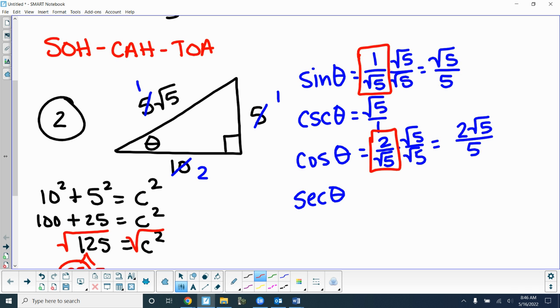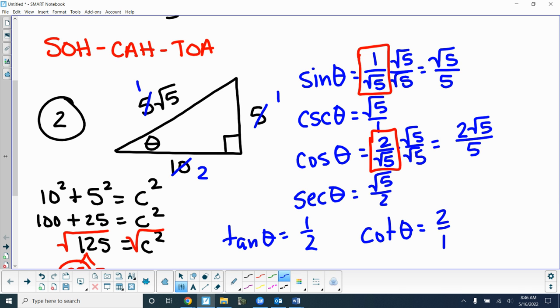And I'm going to do that original one. So it's the square root of 5 over 2. And then tangent, opposite 1 over adjacent 2. And cotangent is its reciprocal. So that would be 2 over 1.